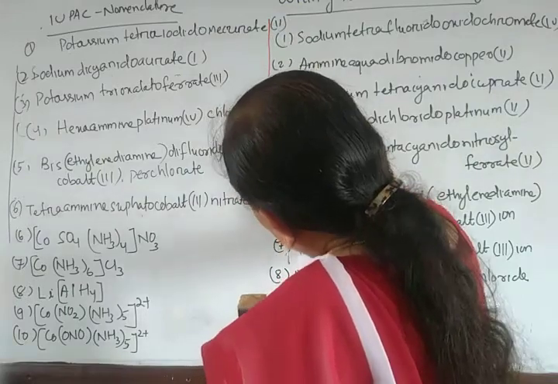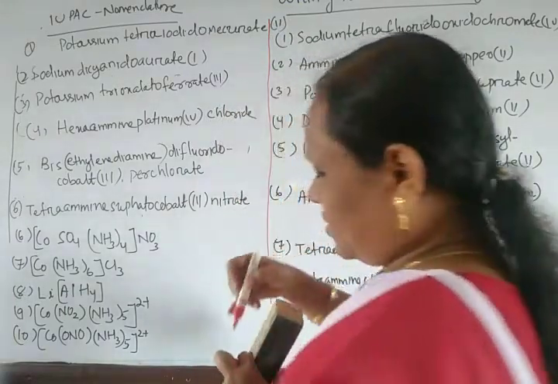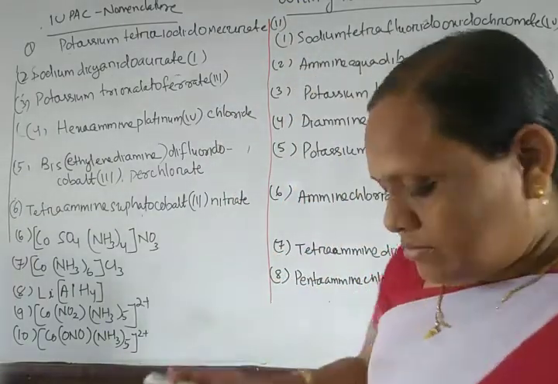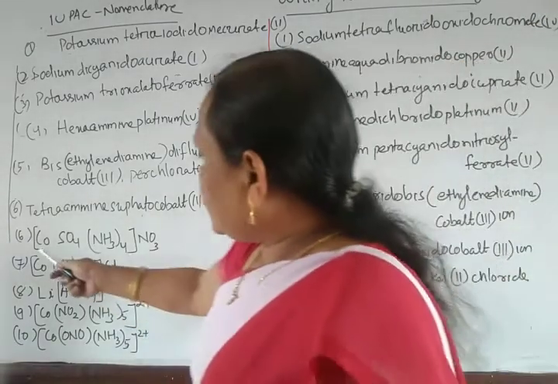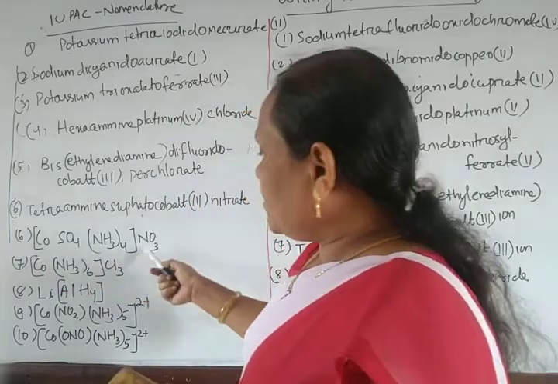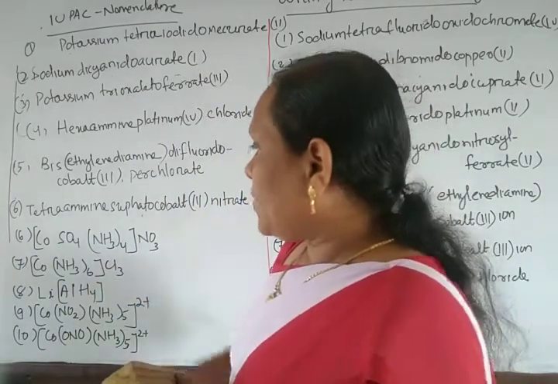So I have given a boundary here. Okay. So 6 is over.